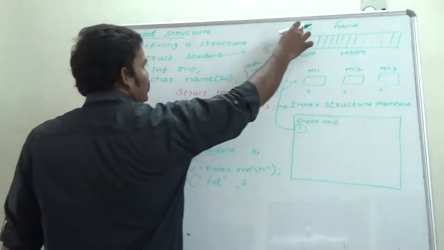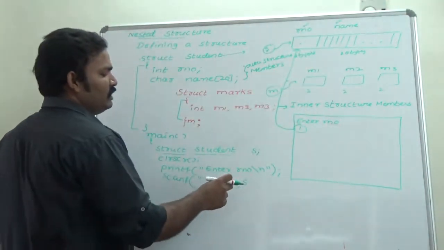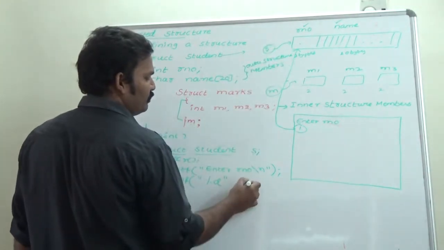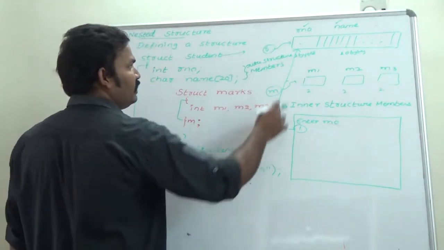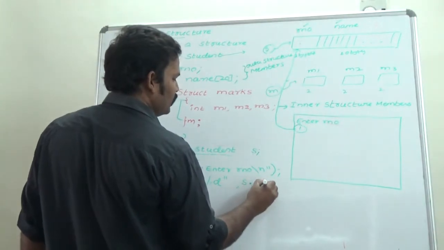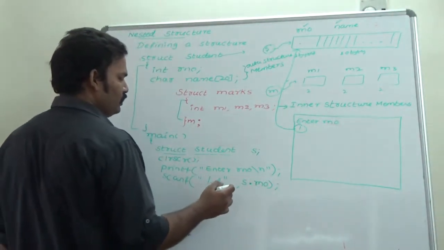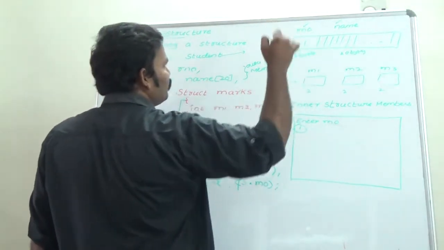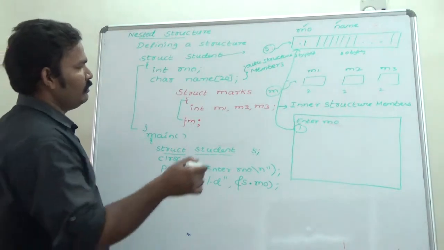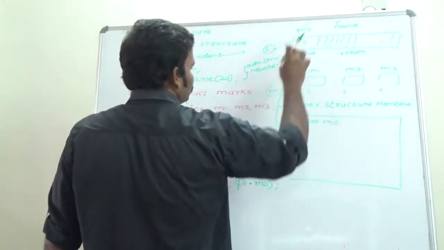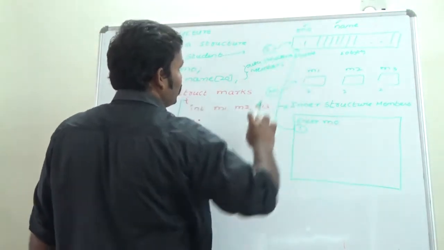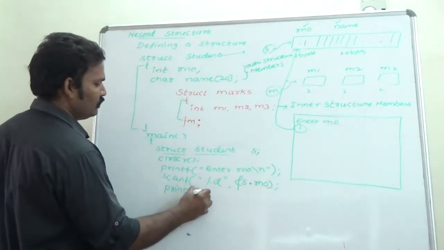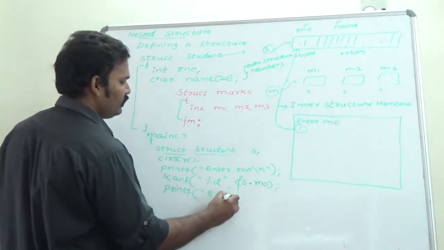Structure members can be accessed by using the structure object name, dot, the direct access operator, then the member name, roll number. So now 1 will be assigned to roll number. 1 will be stored into this particular location. Next, I want to read the name also. Printf, enter name.